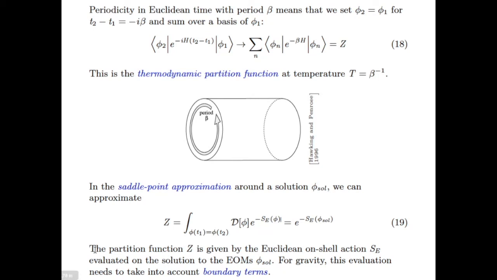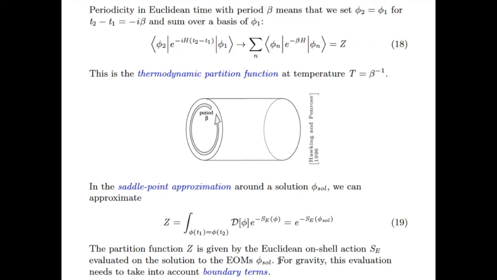So the partition function Z is given by the Euclidean on-shell action S_E of our theory, evaluated on a solution to the equations of motion, phi sol, which satisfies this boundary periodicity requirement.